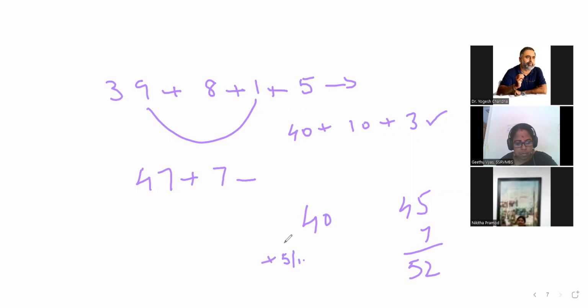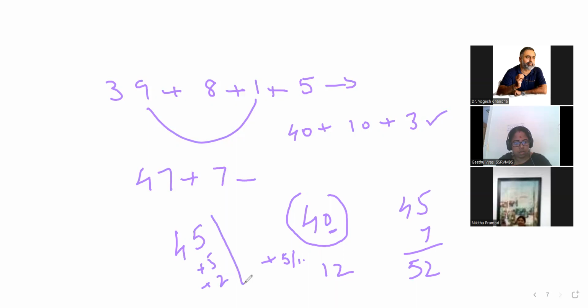That also makes 52. When they change 45 to 40, they can easily add 12 to it, because here it is 0. There is never an issue. Or let them make 45 plus 5 plus 2. Then also they can easily do.